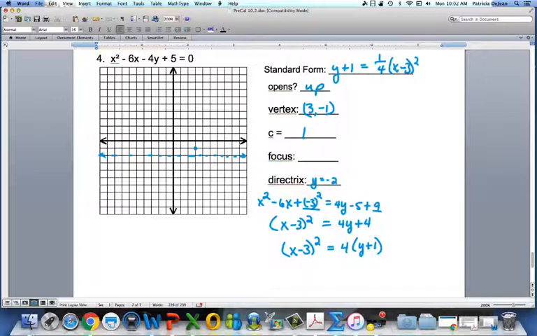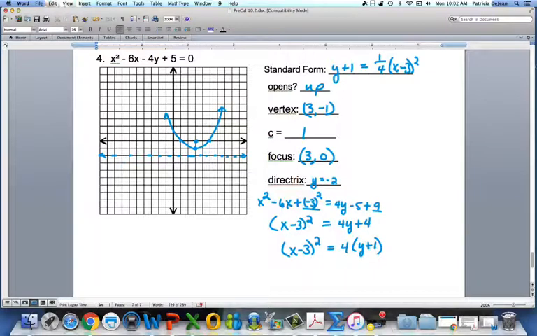Okay, 1 space above it is our focus, which is at 3, 0. Okay. 2 spaces away from the focus on each side, we have our points on the parabola, and so we can graph.